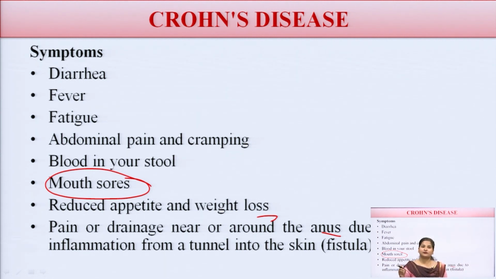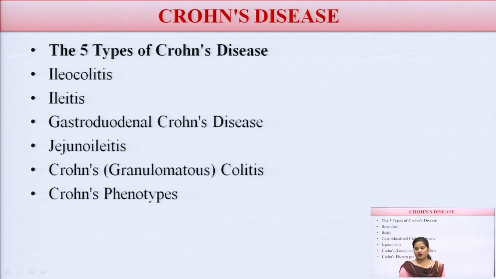Just because of this, a person may use more force to remove the stools, and this may cause a tunnel in the skin, which is the skin fistula. So this Crohn's disease may cause the fistula. So these are the symptoms of the Crohn's disease.